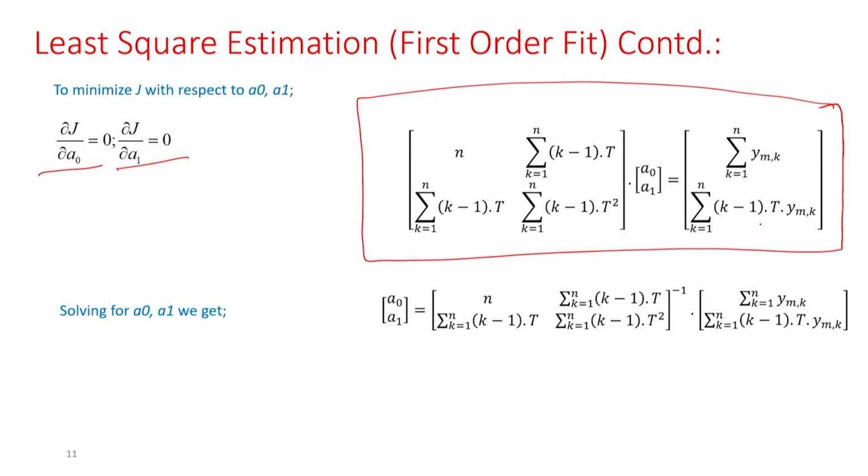Suppose you are generating a signal with some measurements, you got it and you want to do a first order fit. Okay. With this, how do you calculate the curve of your a0, a1? Now, if you do some matrix inverse, this will be inverted into this part, and it will give you a0 and a1.